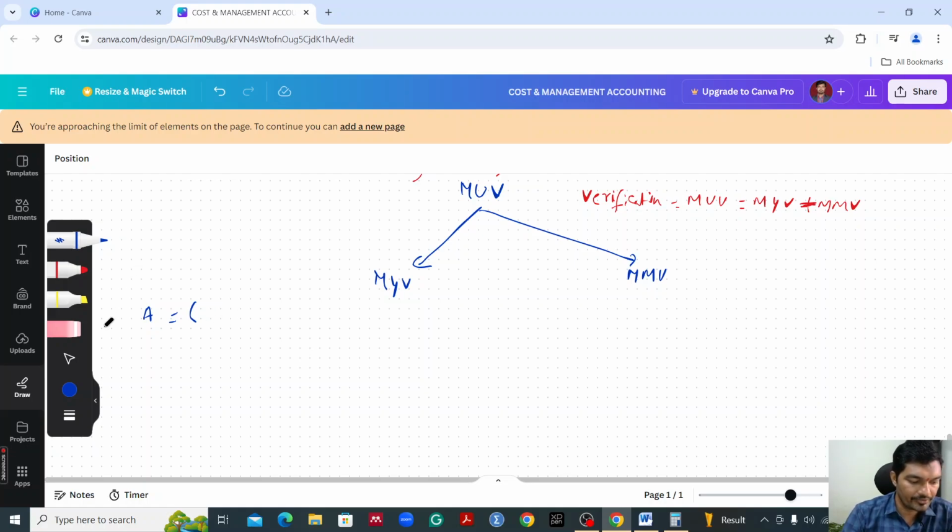The formula is revised standard quantity minus the actual quantity. So using this formula, we are required to find out the material yield variance for both materials, material A as well as material B.